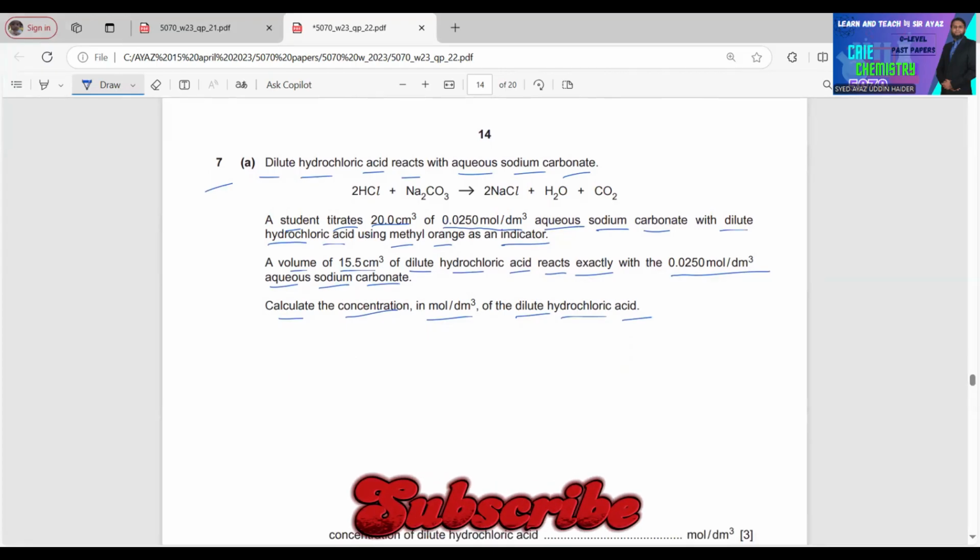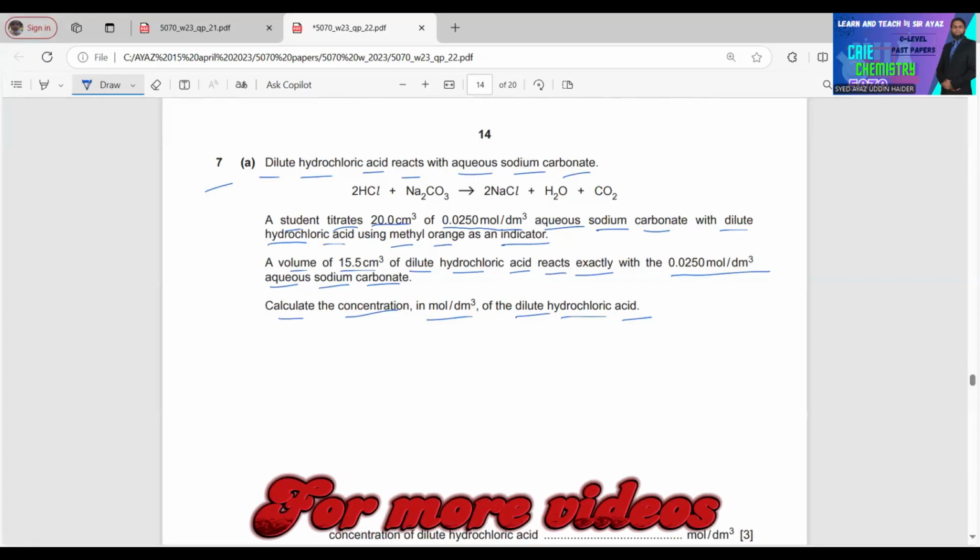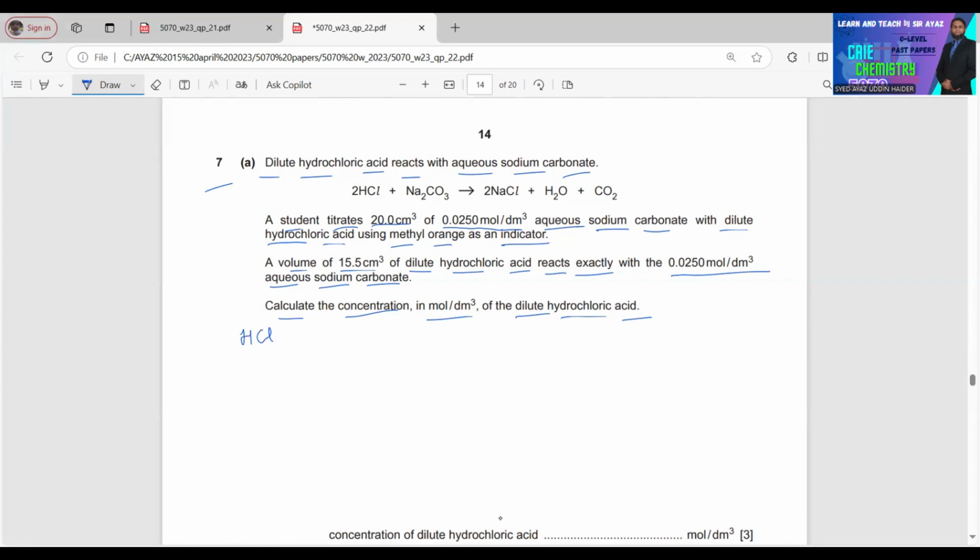So we have the reactants HCl and Na2CO3. We need to find the concentration of dilute hydrochloric acid. So I will follow the formula M1V1 by N1 is equal to M2V2 by N2.